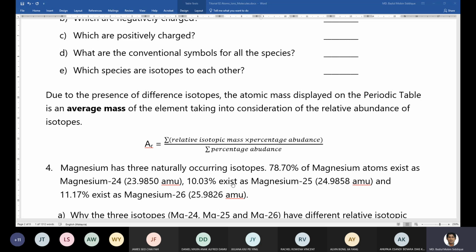So that is why we should have written 2p6 and 3s1, right?